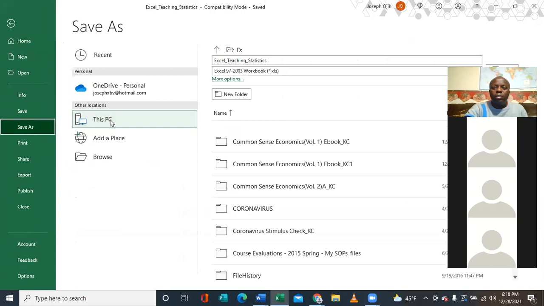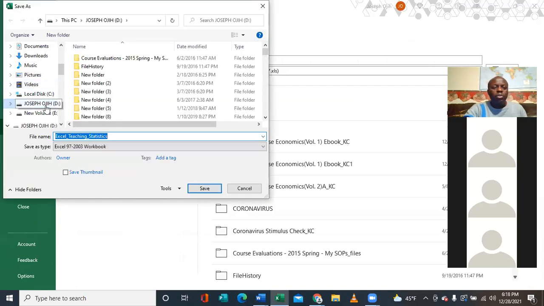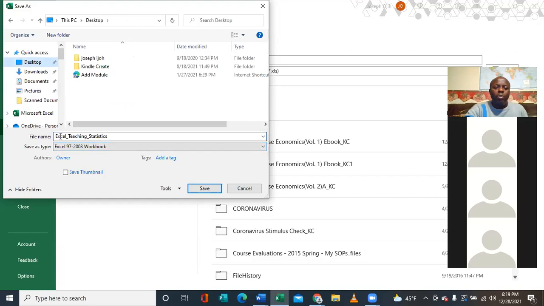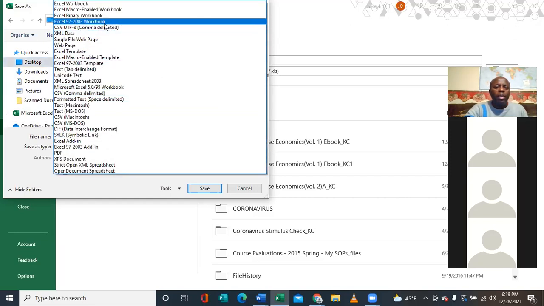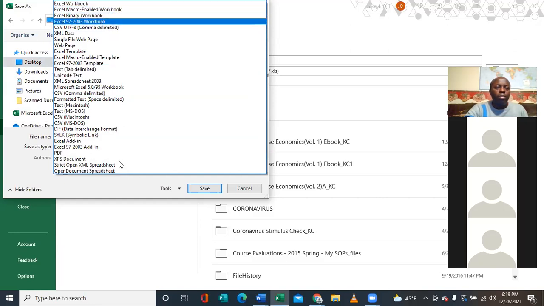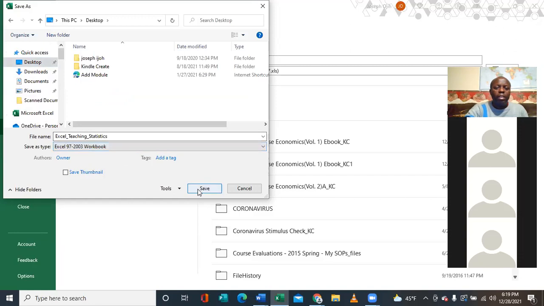I don't know how you see it on your screen, but you choose the place to save it. Like me, I like to save mine in my flash drive. You can choose to save it on your desktop if you like. It doesn't matter. Then you type the name you want to save it as. Choose where you want. Like me, I save it as a workbook. So you can choose it from here. Then you click save, and it will save.